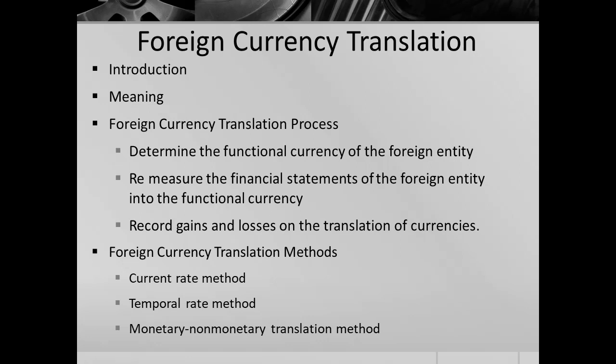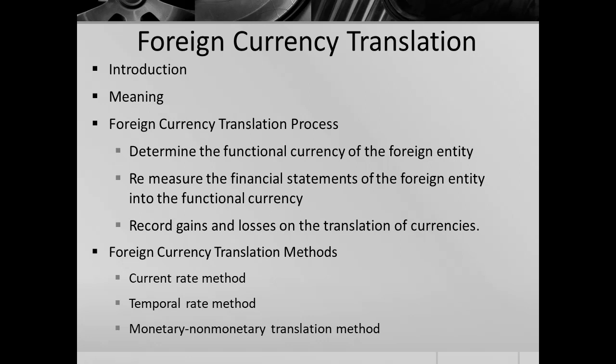You can choose the currency of the country where your main headquarters are located or where your major operations are. This can be difficult to determine when you conduct an equal amount of business in multiple countries. However, once you choose the functional currency, changes to it should be made only when there is a significant change in circumstances and economic facts.